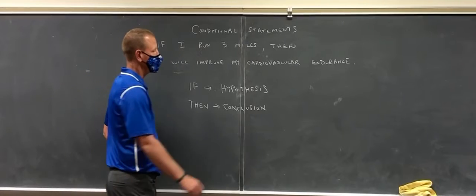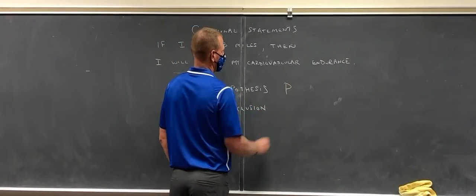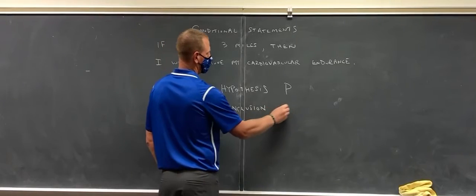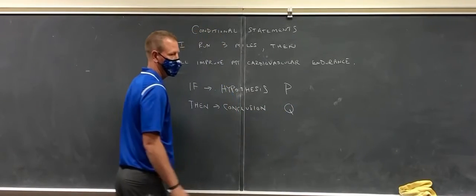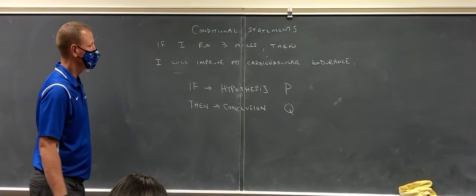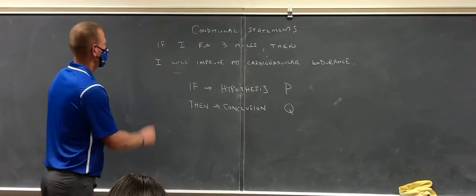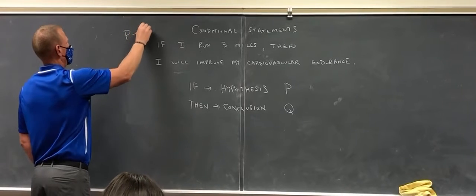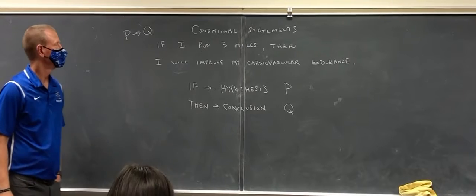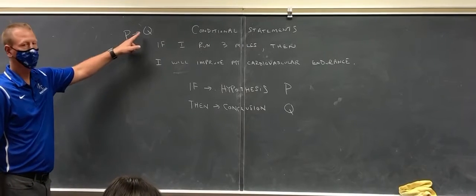Now, when we're using letters, we generally let the letter P stand for the hypothesis or the if part, and the letter Q represent the then part. So if you would see if P, then Q, that's just our basic conditional statement with a little arrow in the middle there.